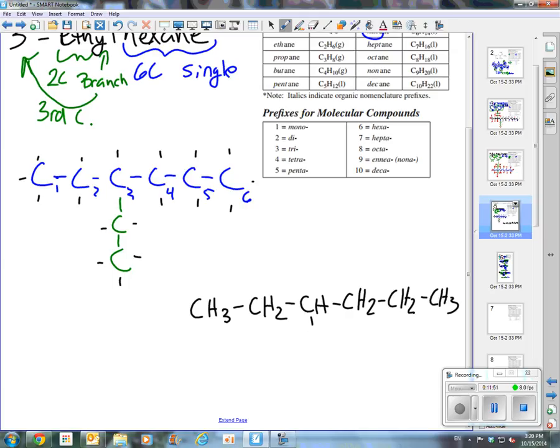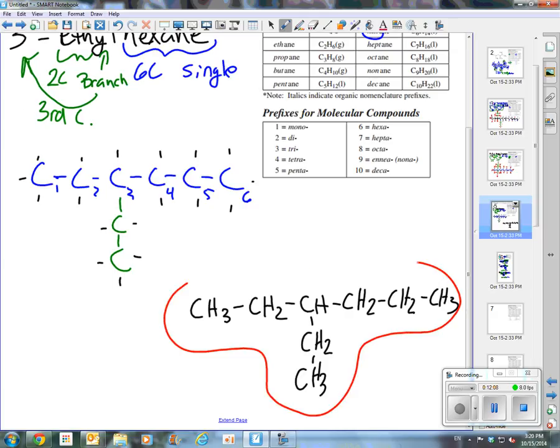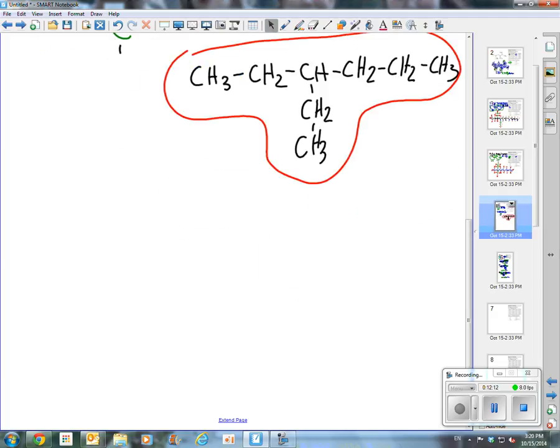And then for my branch, I've got my CH2 and CH3. Sometimes it's nice to put in the carbons there and little ticks for the H's so you make sure that you get them right. But this here would be the correct structure for the name of that compound.